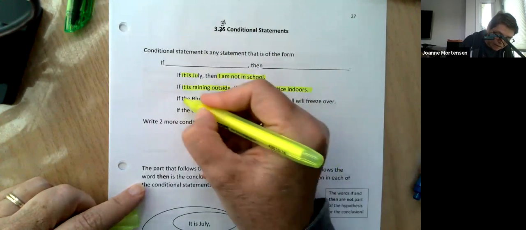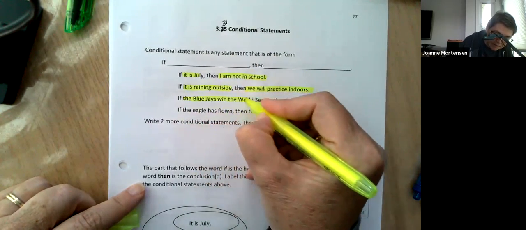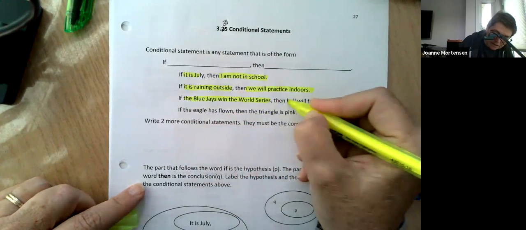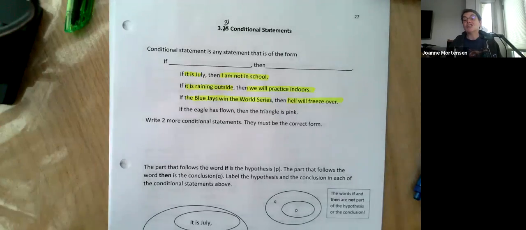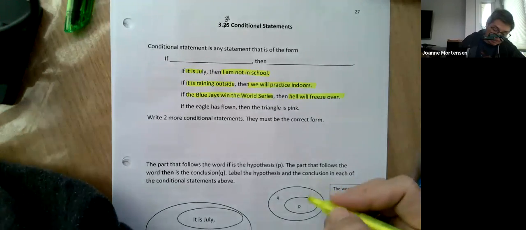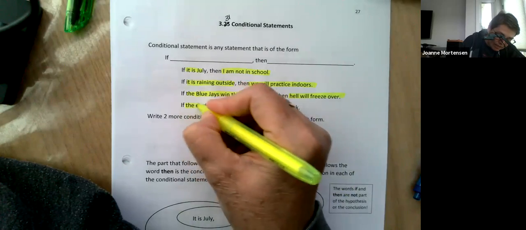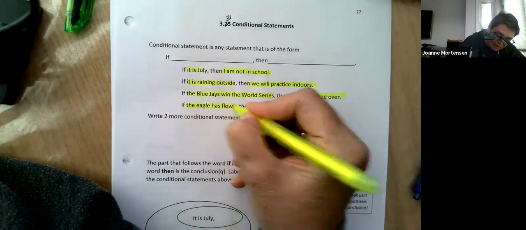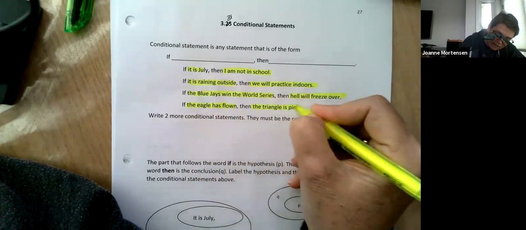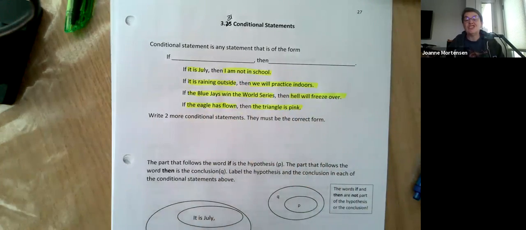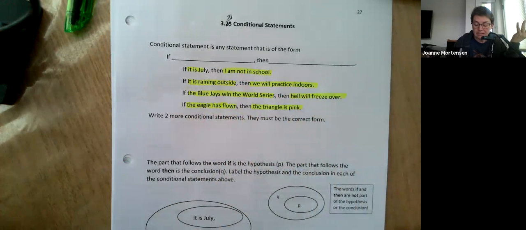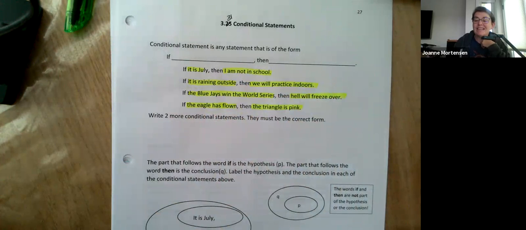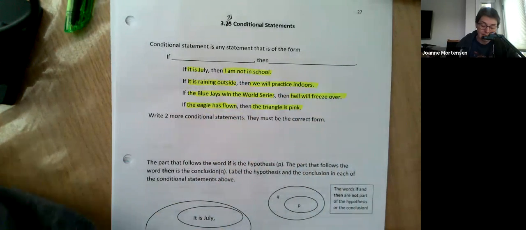If the Blue Jays win the World Series, then I think I was visiting my mom when I heard her say that. If the eagle is long and the triangle is big. And that last one is just a reminder that the first part, which is your hypothesis, and the last part don't necessarily have to connect at all. Okay.